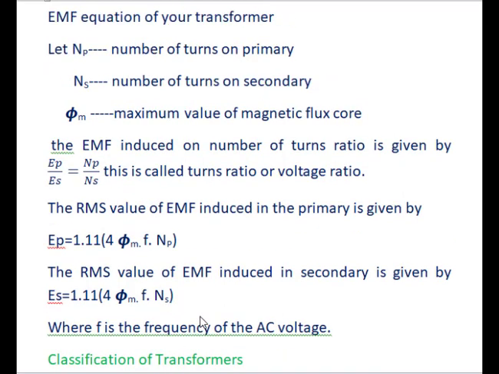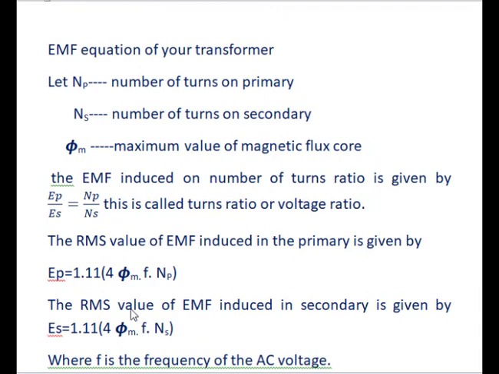So from this we can determine the EMF produced in the primary and the EMF produced in the secondary. On substituting the number of turns and the voltage value, you can get ES, the total step down voltage available in the output of the step down transformer across the secondary of the coil.